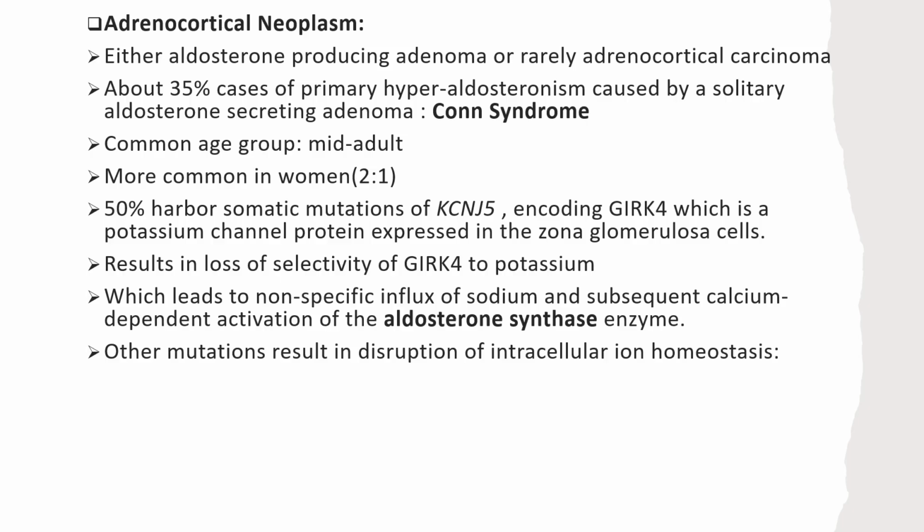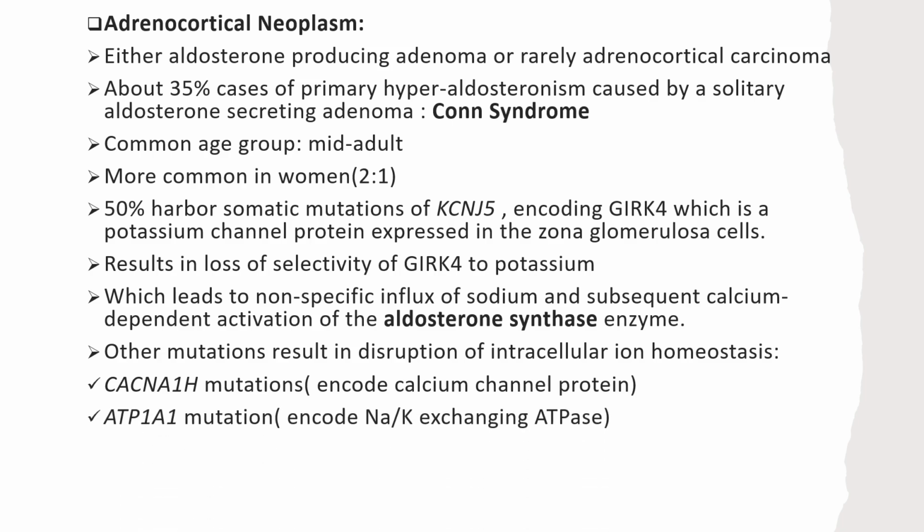And other mutations that result in disruption of intracellular ion homeostasis are like CACNA1H mutations that encode the calcium channel protein, and such mutations are also harbored in those patients who are suffering from familial hyperaldosteronism subtype 4, and also ATP1A1 mutation.